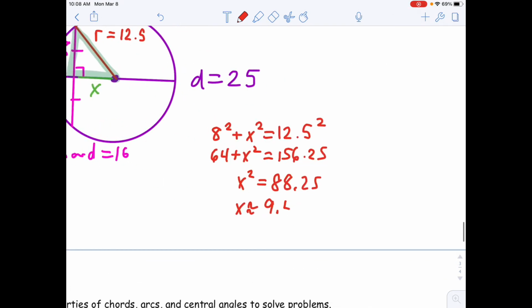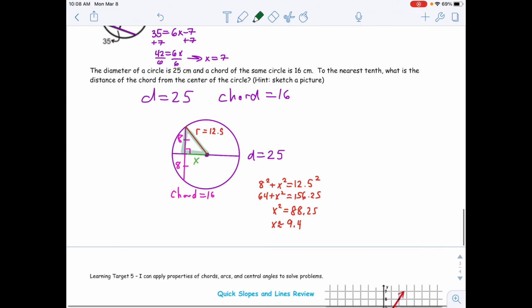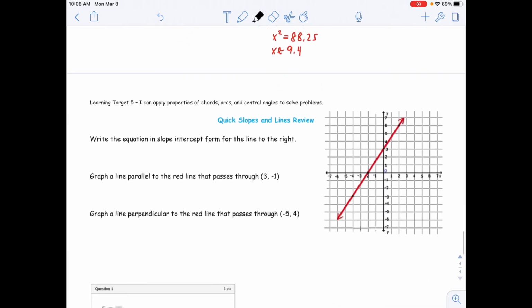So again, I drew a picture, diameter 25, drew the chord such that it was perpendicular, thus it was bisected 8, 8, then drew the radius, which we knew was 12.5, and used Pythagorean theorem to find how close the chord was to the center of a circle.